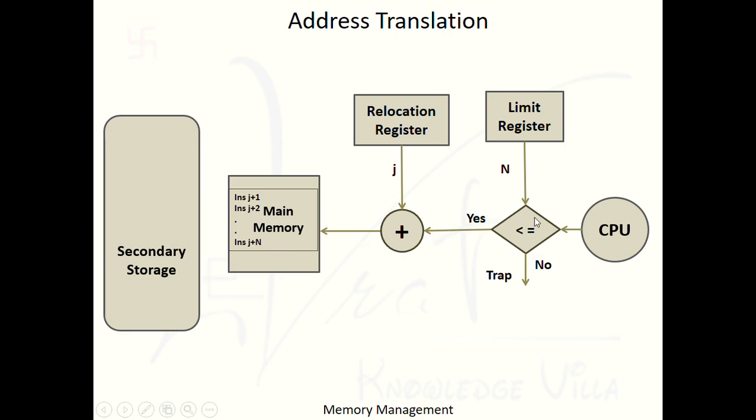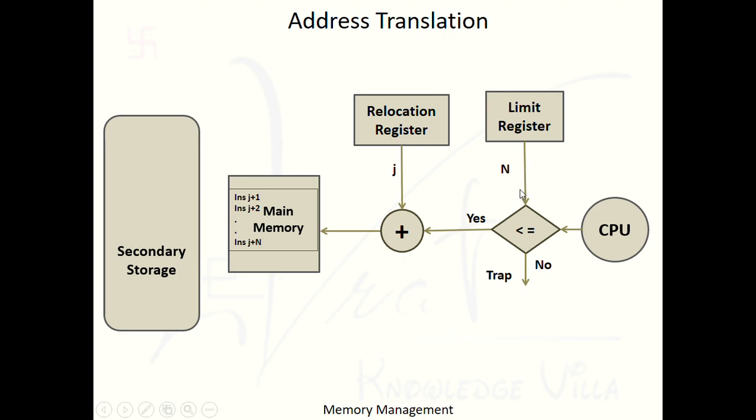It will not be possible to search inside this program, because if CPU requests n plus 1, it will point to some other program and it will be a wrong access. Get it? So that's why we store n in the limit register, so CPU can request only up to n instructions. If CPU generates more than n instructions, it will trap.